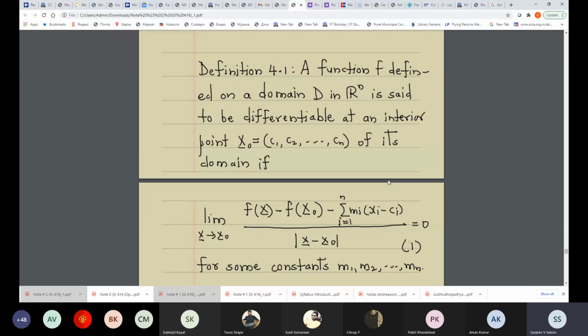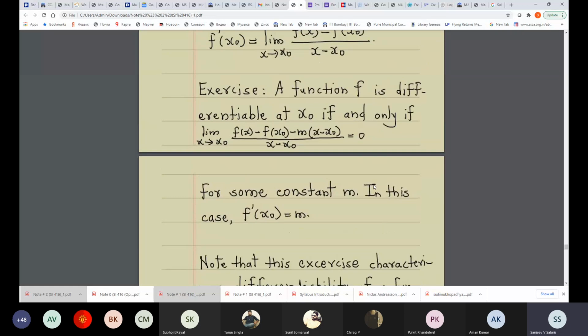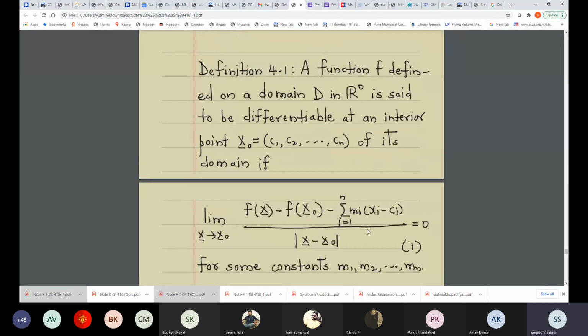Having given this as a motivation, it is easy to appreciate this definition of a function of several variables. If I had presented this definition directly, students who had not seen it earlier would probably get lost.